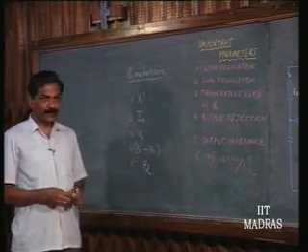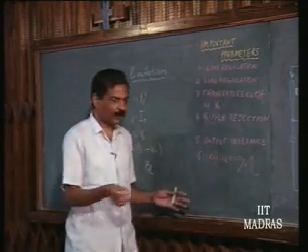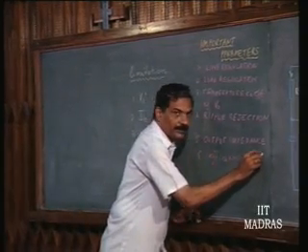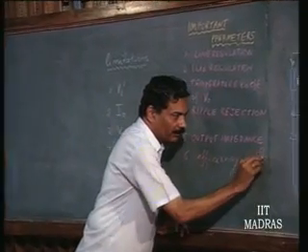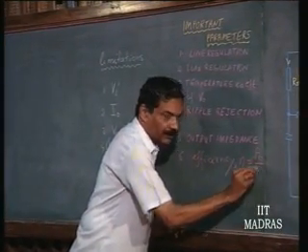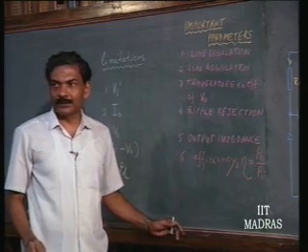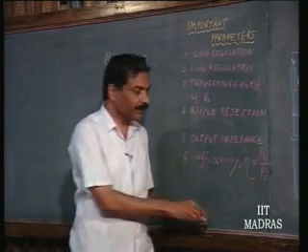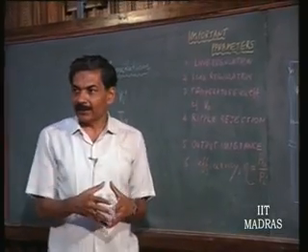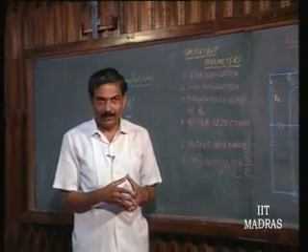What is efficiency? That is well known. It is nothing but output power divided by input power. It tells you how efficient you have been as a designer of this IC. Is it related to power dissipation?